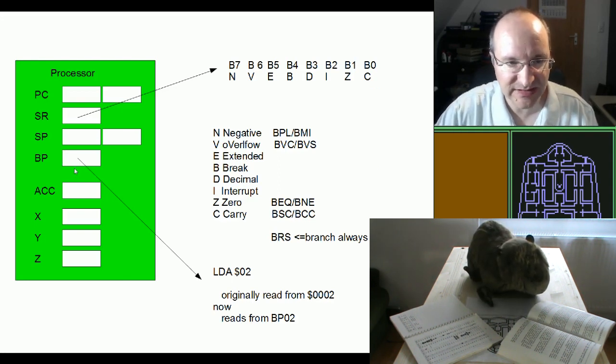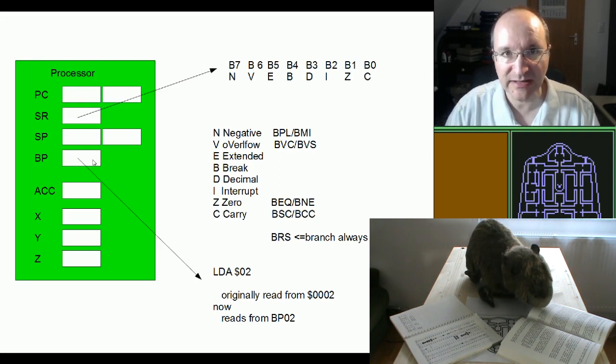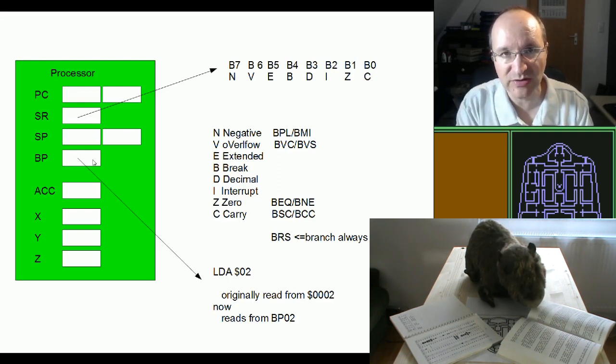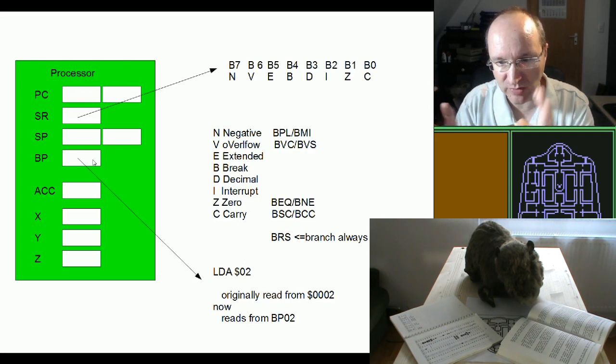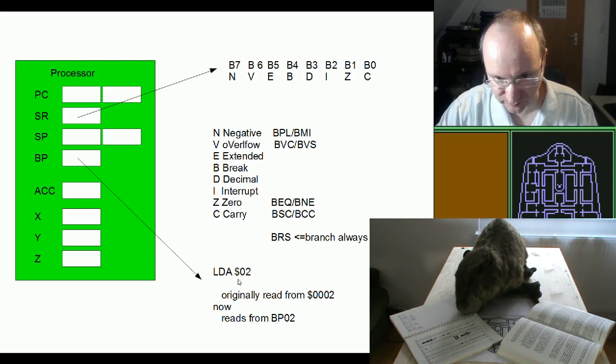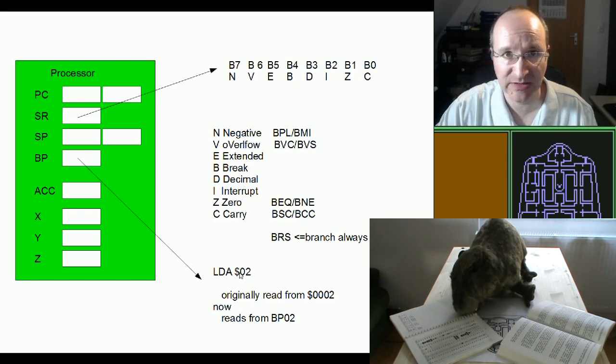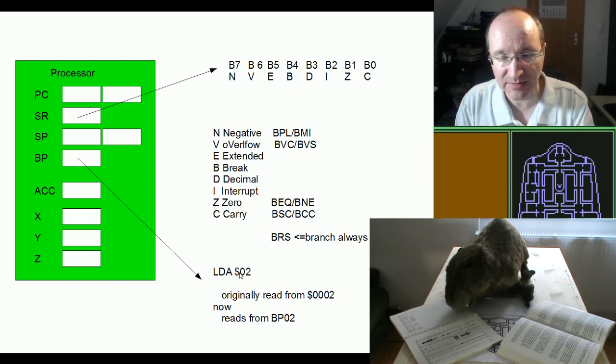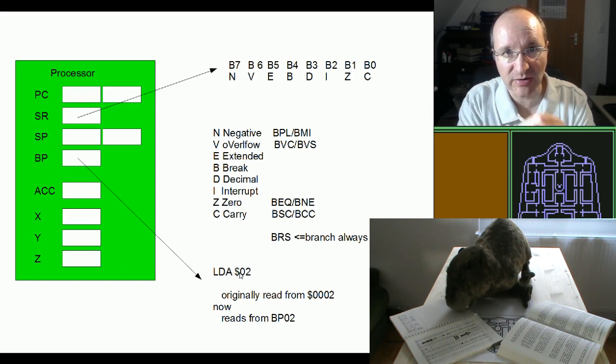But if you would enter here, for example, 0, 1, then your 0 page would be at the page 1. So it reads then from whatever is in the base page and what is indexed here. So you can place your 0 page to wherever you want.